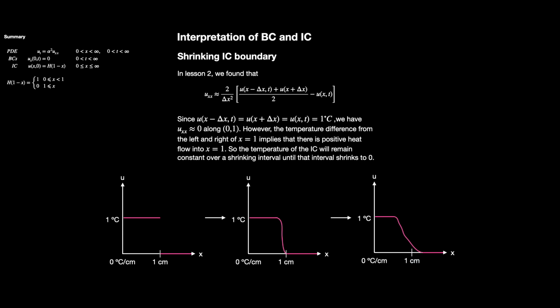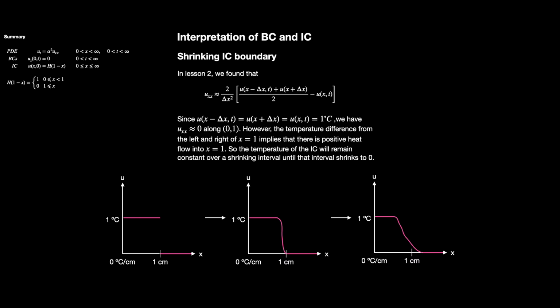This is because the concavity is going to be 0, since the average of the temperatures near any point in the interior of that interval and the temperature at the point are going to be the same. Therefore, the concavity is going to be 0.